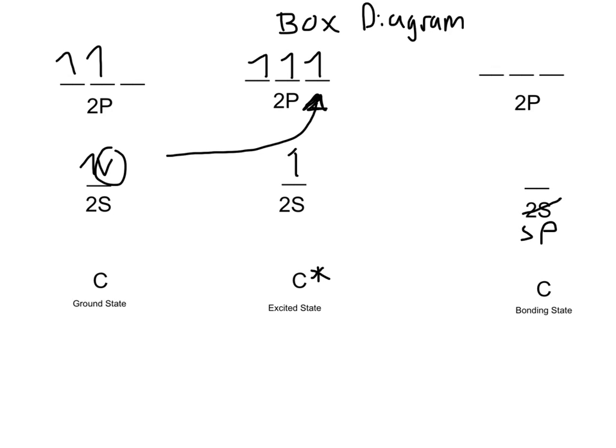And this is in the bonding state of carbon. So this sp orbital contains two slots, actually, where the electrons of the carbons are going to actually bond with the electrons of the fluorine atom.